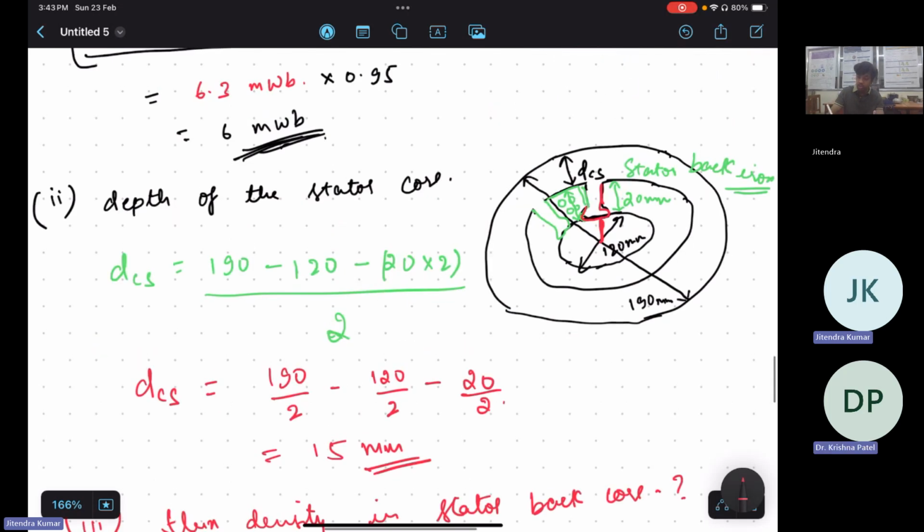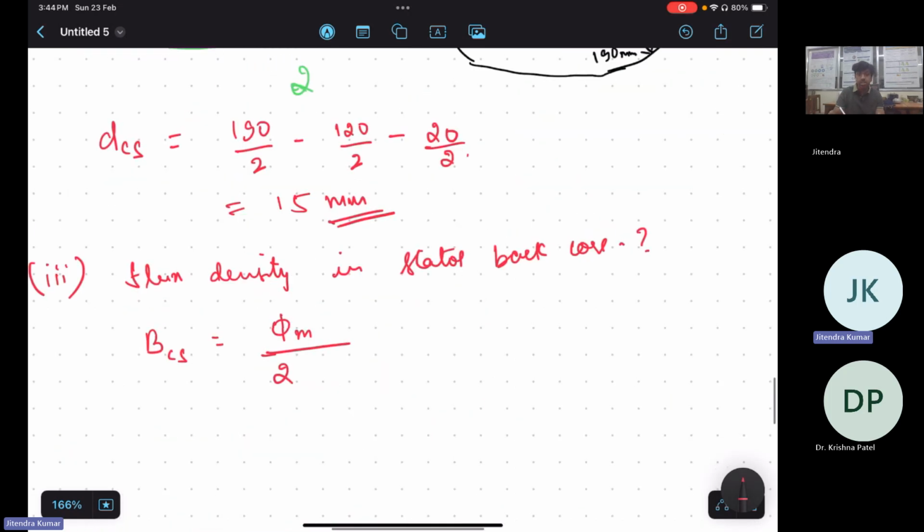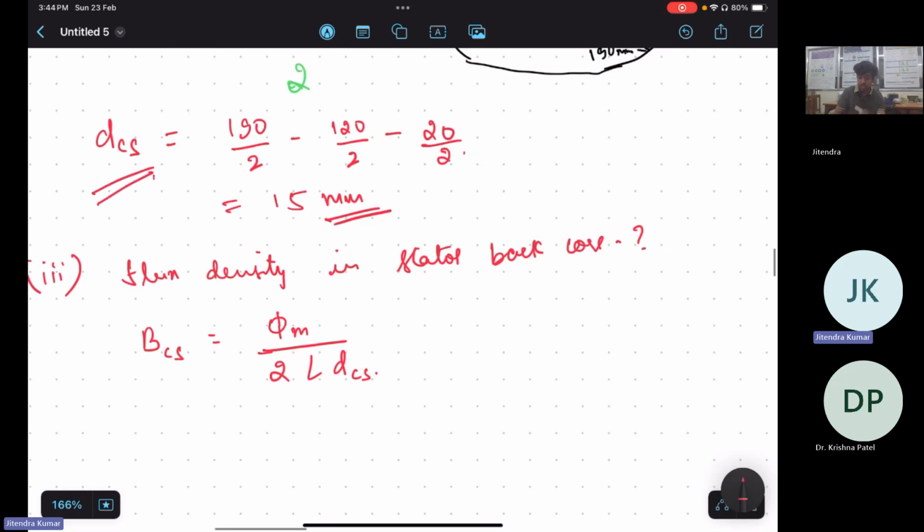We have to divide by 2, because when this flux enters here, it will move like this. Half a part will go on the left side, half a part will go on the right side. So that's why we are considering phi m by 2 into axial length into the width of the stator core back iron, DCS, whatever we just calculated.